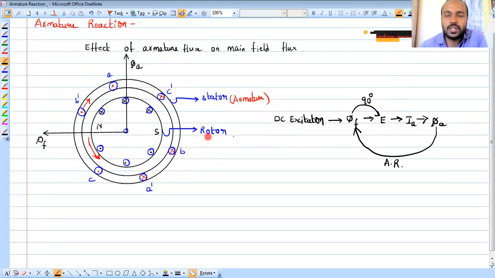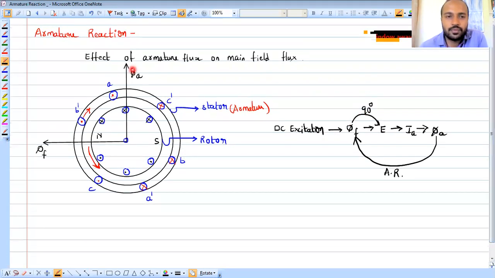Let us try to represent that EMF over here. So this is the EMF. Okay. If you observe here, there is a displacement of 90 degrees between induced EMF and magnetic field. Isn't it?